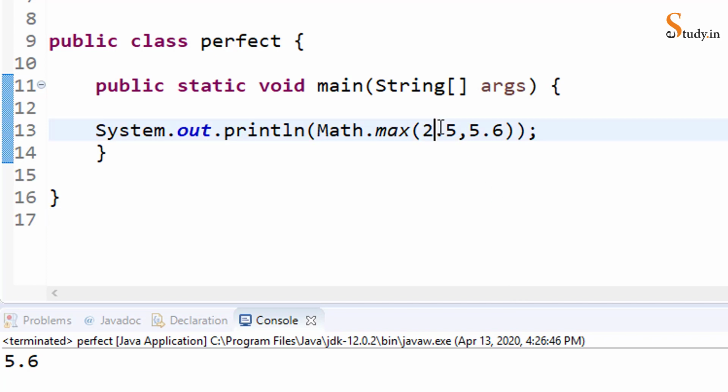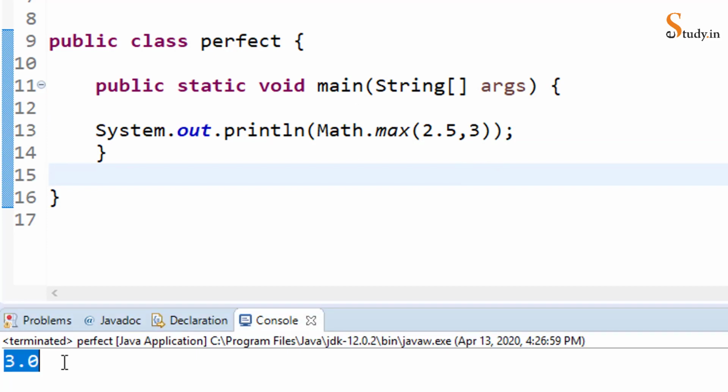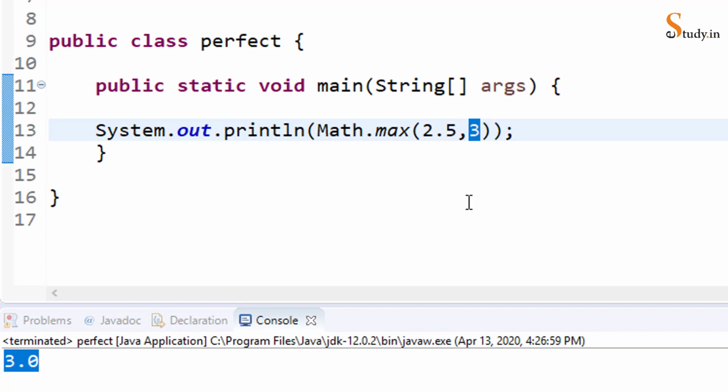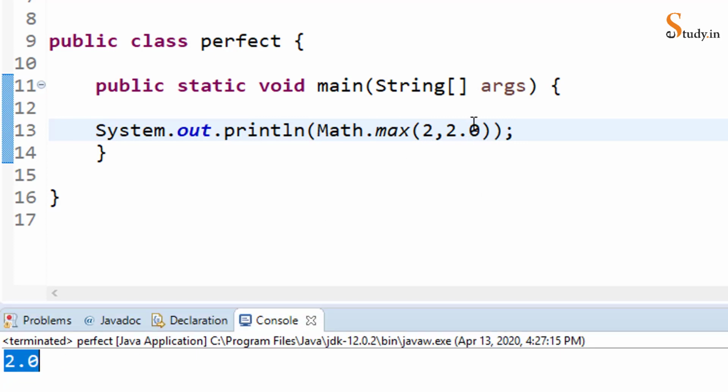Now here we have 2.5, and here we enter 3. So we have mixed data types. One is double, one is integer. 3 is greater, but let's see what it returns. It returns 3.0. So it has returned the larger value, but it has promoted the data type to double. Okay, and when we enter two values which are equal, 2.0 and 2, data types are different but the values are equal, so it will again return 2.0. So this is how the max function works.